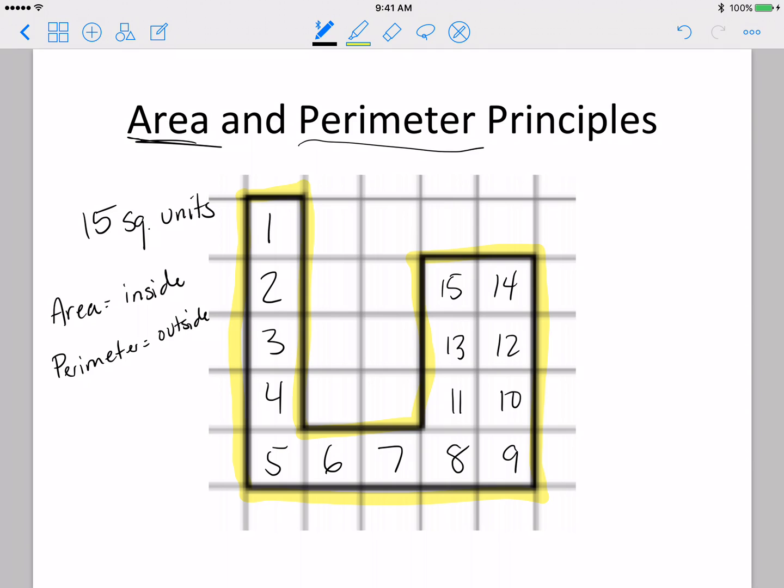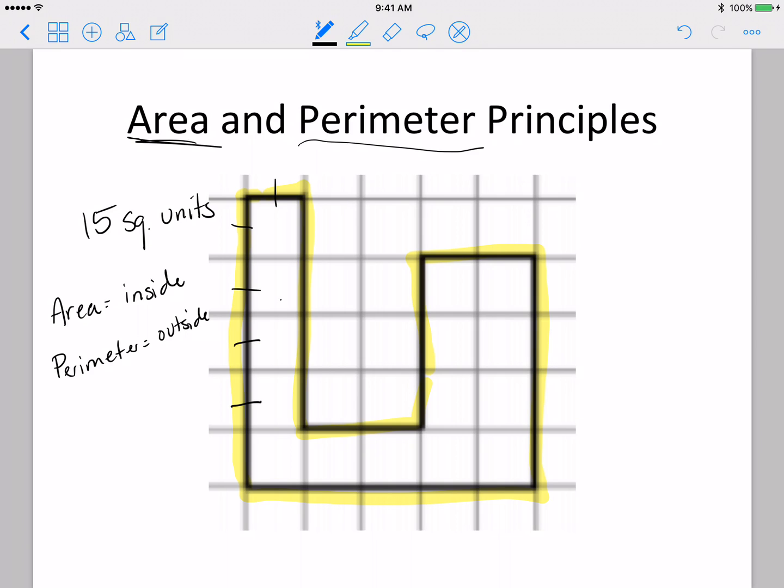So if I wanted to measure the distance around this shape, and take these numbers away, we would have to count the lengths of the sides. And the way I like to do this, just for starting out, we're just going to put a little dash each time I count. So I'm going to start here. That's 1, 2, 3, 4, 5, 6.